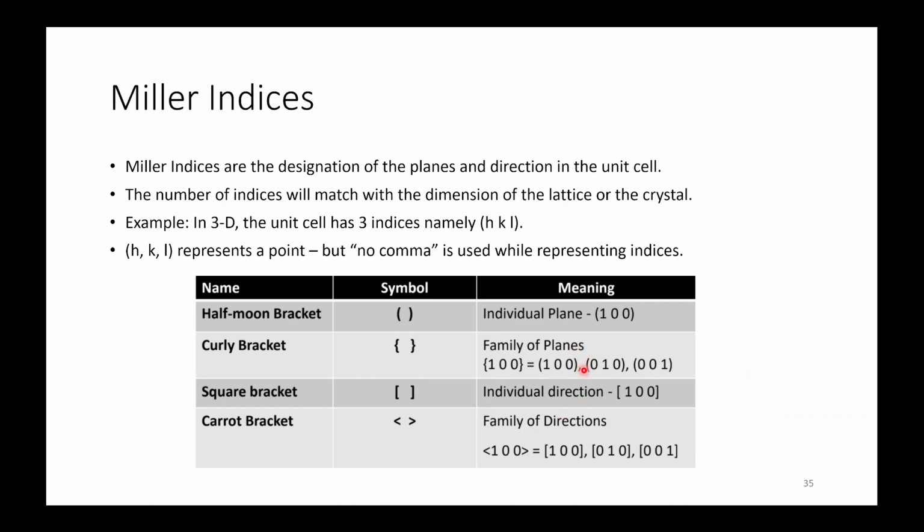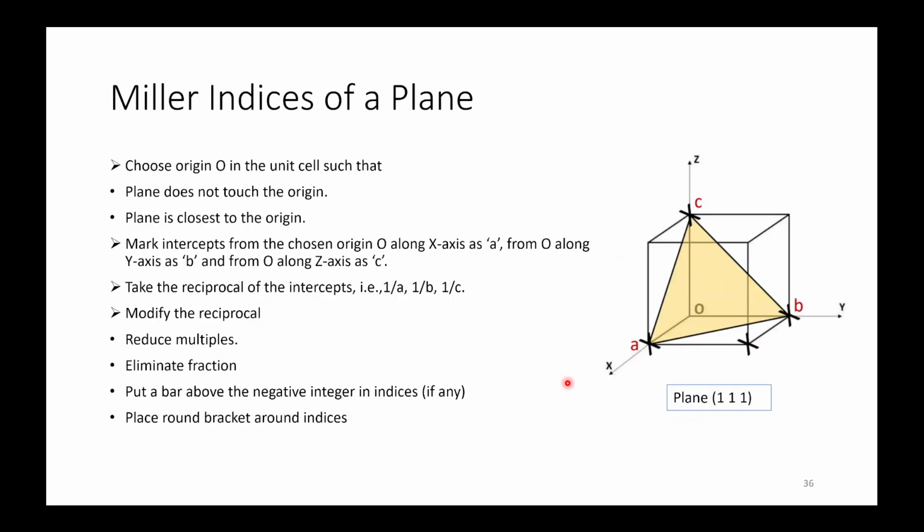For example, they can show you a plane crossing at certain points. So you have to take its reciprocal and show it in plane terms. You can have examples like that.